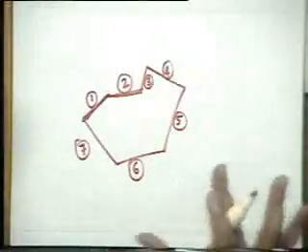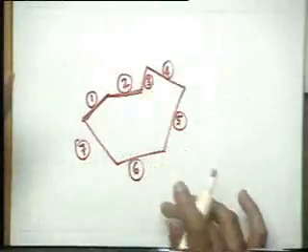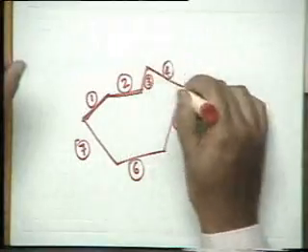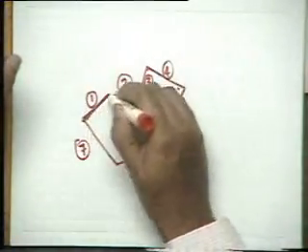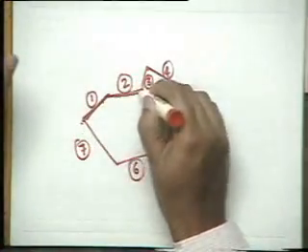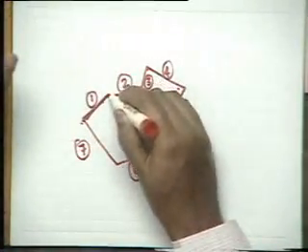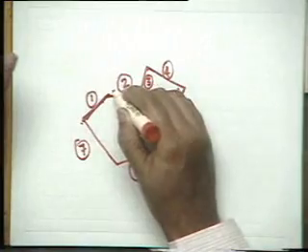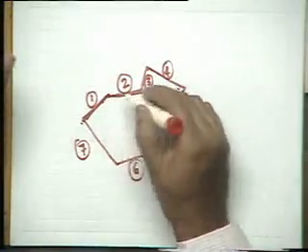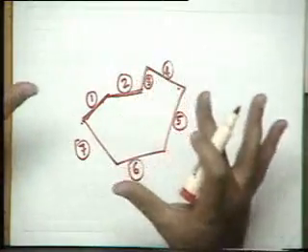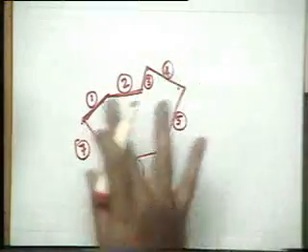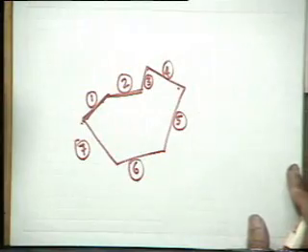Like this, we can examine all these links and find that their endpoints are similar. Supposing the endpoints of link number 1 and link number 2 have one common point, we can say that link number 1 and 2 can be joined together, or rather they form the boundary of an object.